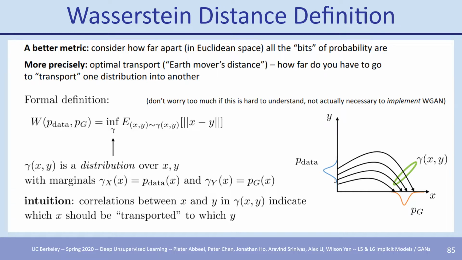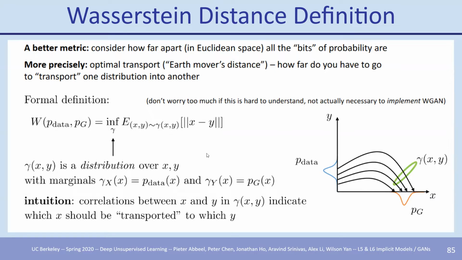So we're taking our p data on one dimension, pg on the other dimension, and creating a two-dimensional structure. We know that on one axis it's p of data, the other axis is p of g. There are a lot of different distributions you can make with this property, and this is the set of all of these distributions that's possible.